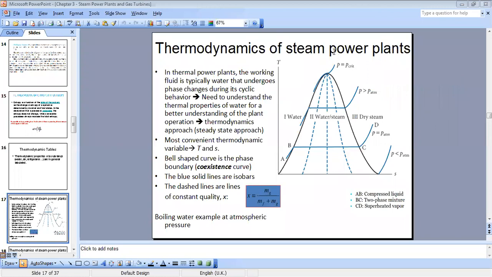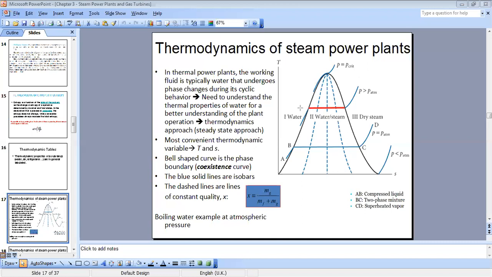In this zone, for a certain pressure, following the curve of that pressure, if you are below the saturated temperature, then it is a compressed liquid. And for the same pressure, if you are above the saturated temperature, then you have vapor.